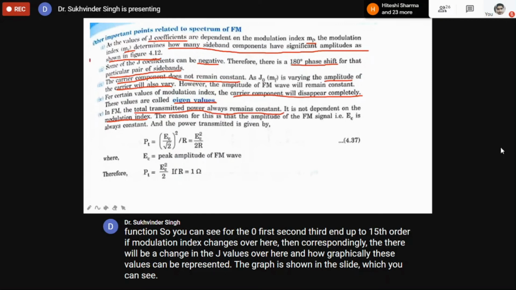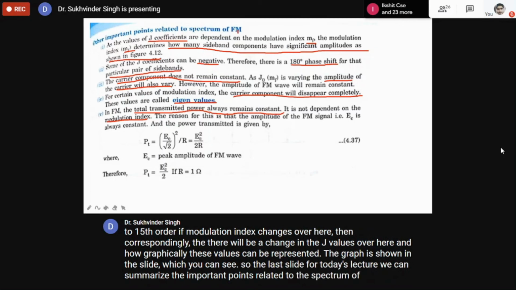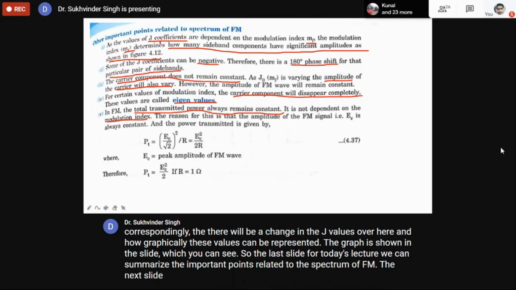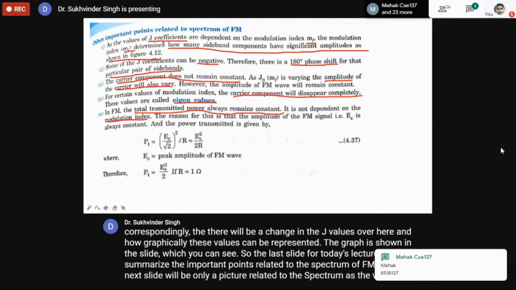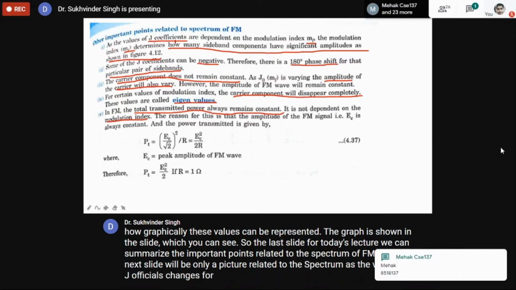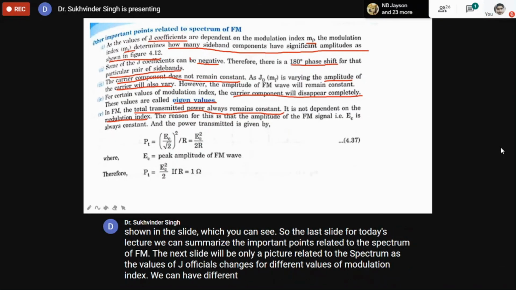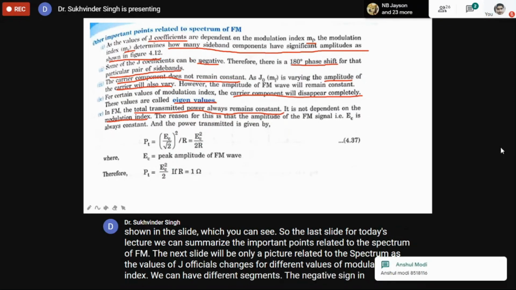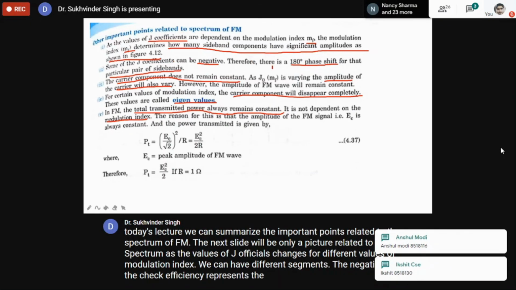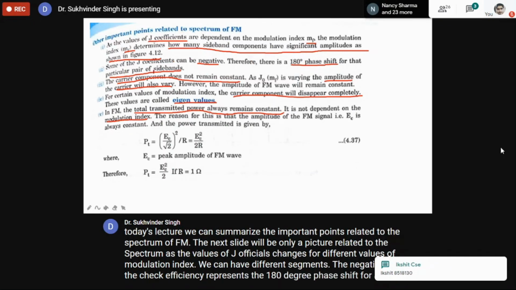So the last slide for today's lecture, we can summarize the important points related to the spectrum of FM. The next slide will be only a picture related to the spectrum. As the values of J coefficients change for different values of modulation index, we can have different sidebands. The negative sign in the J coefficients represents the 180-degree phase shift for a particular pair of the sideband.